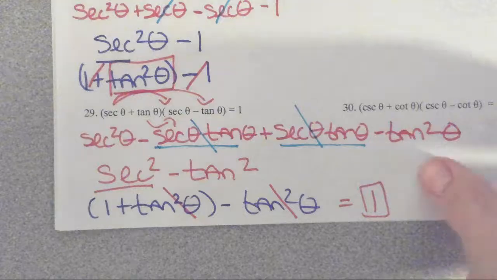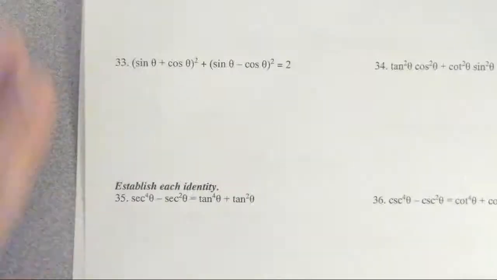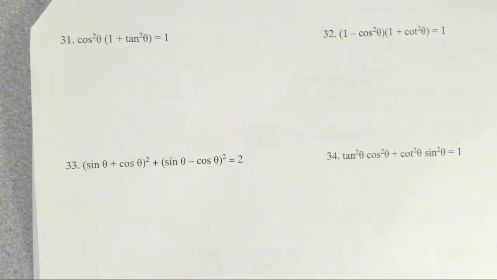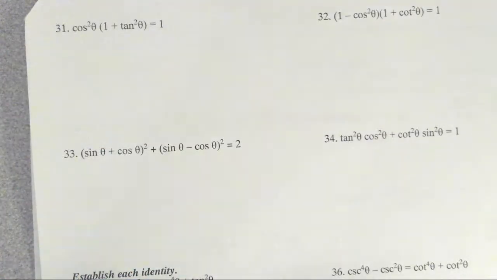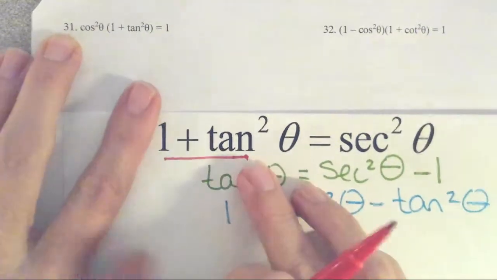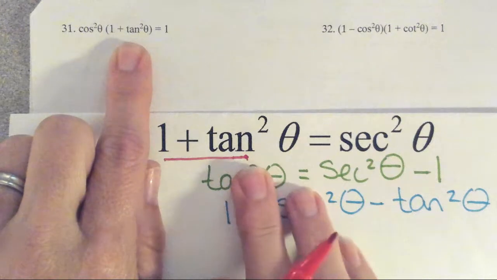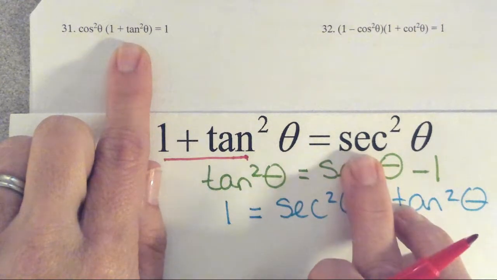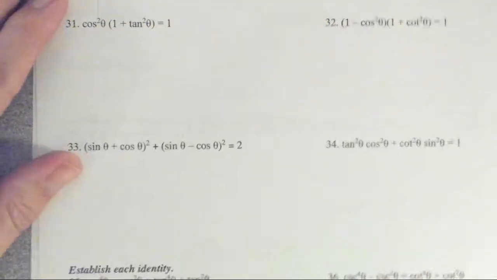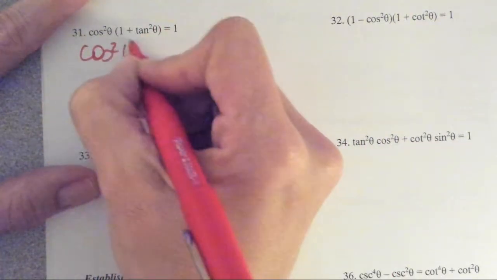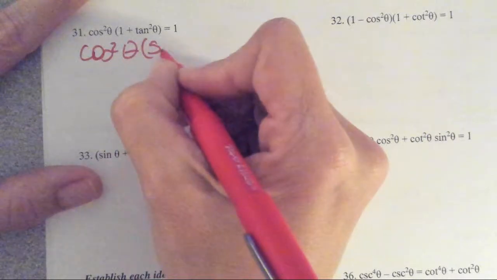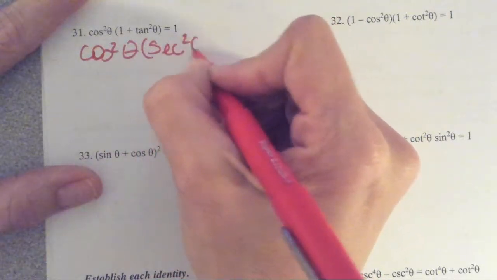Okay, let's go look at 31. I've got cosine squared plus 1 plus tangent squared. Ooh, that's something we just went over. If I see 1 plus tangent squared, I can rewrite that as secant squared. I'm going to do that first. That might make my life easy. So I'm going to have cosine squared times secant squared.